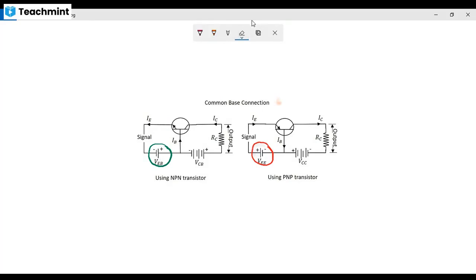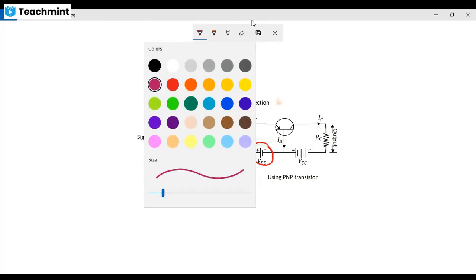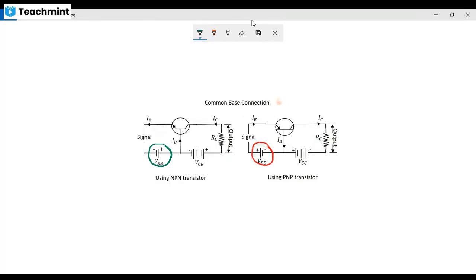It is the ratio of the transistor output current to the input current.